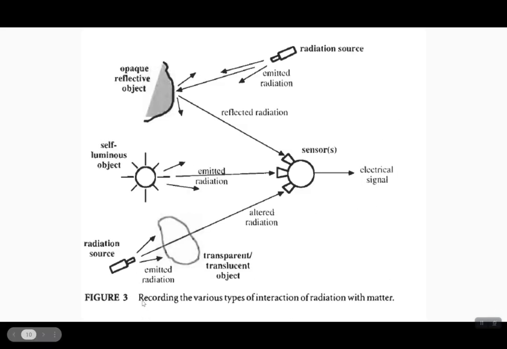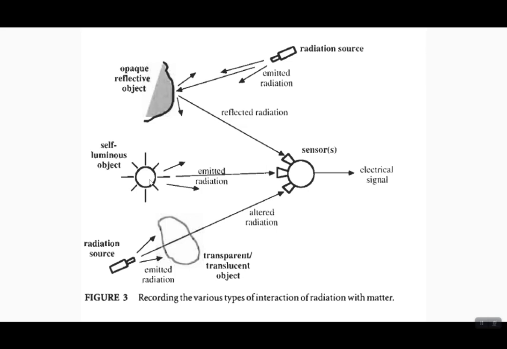Okay, so this slide shows the various types of interaction of radiation with matter. What this image is trying to show is that there are different sources of radiation. The most common one that we know is the sun. This is an emitted radiation.